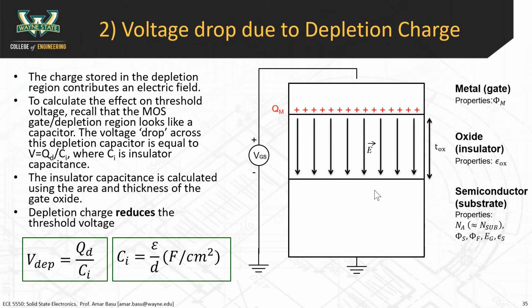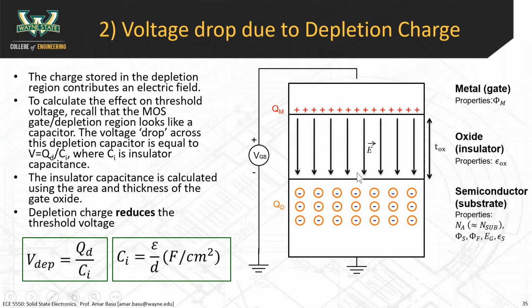In the previous slide, we talked about how much voltage drop is necessary just across this region in order to form an inversion channel. That bending of the diagram that I showed you earlier is a voltage drop, right? Bending of the diagrams corresponds to electric field, and that corresponds to a voltage drop. So there's some voltage drop occurring right there near the interface.